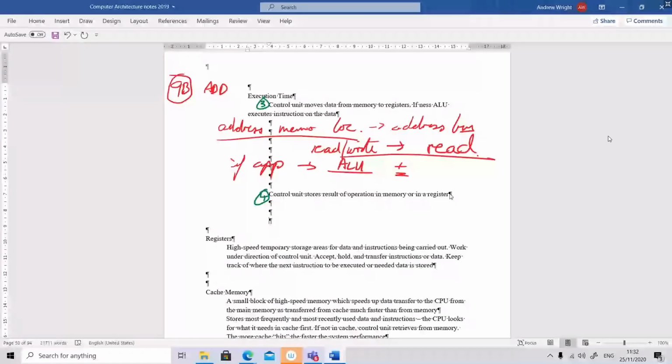But say this was adding, we have a sum, so we want to store that back into memory. So again, we put the address onto the address bus, and then we set the read-write line to write.